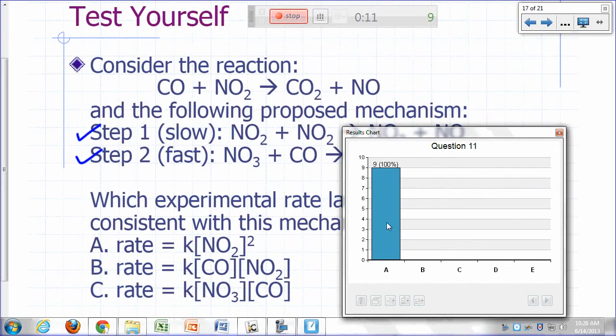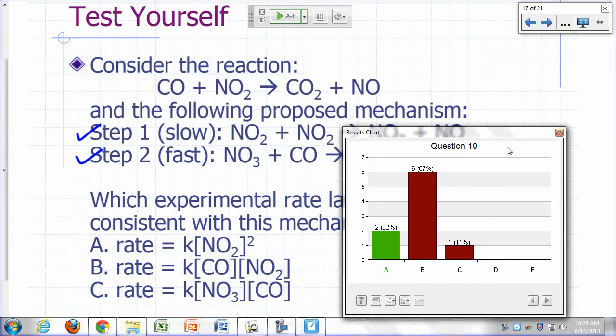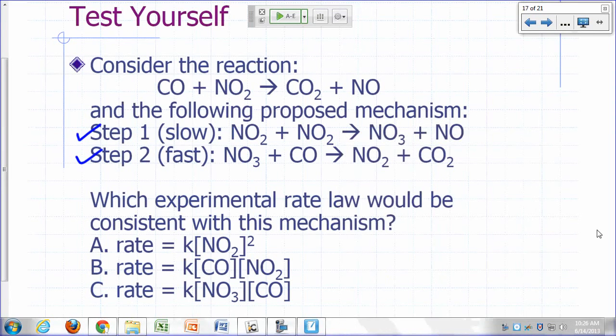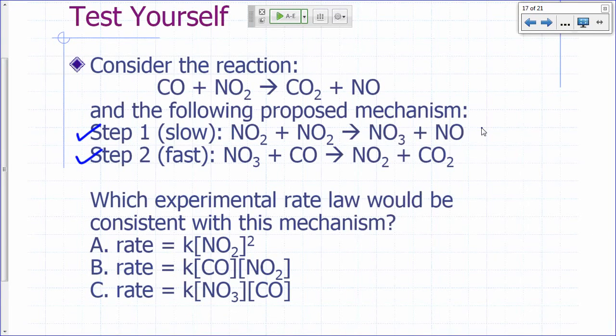Okay, very good. Correct answer is A. Why A? That's your slow step. The rate for step 1, let me call that V1. V1 is k times [NO2] squared. What's the rate for step 2?